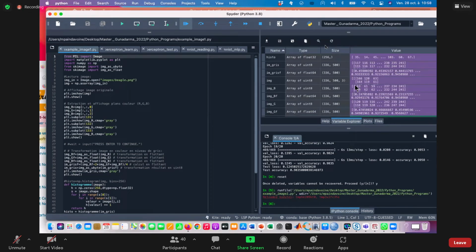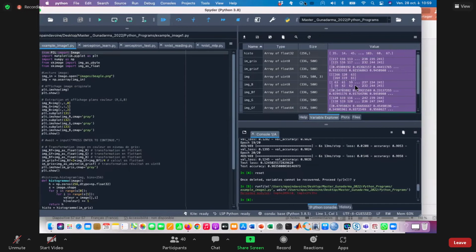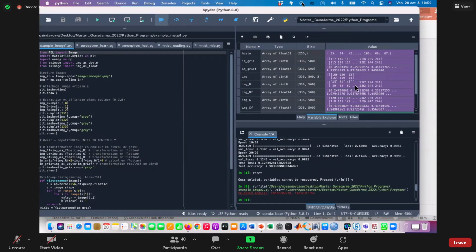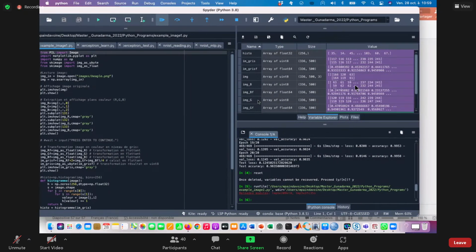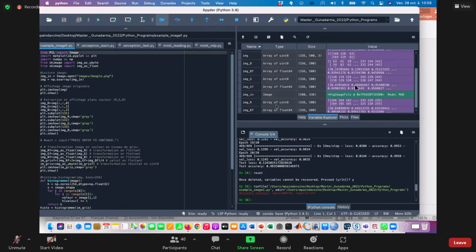Here, like in MATLAB, I can examine the contents of the variables. So here I have the img_in, which is here. It's an array in the image format.